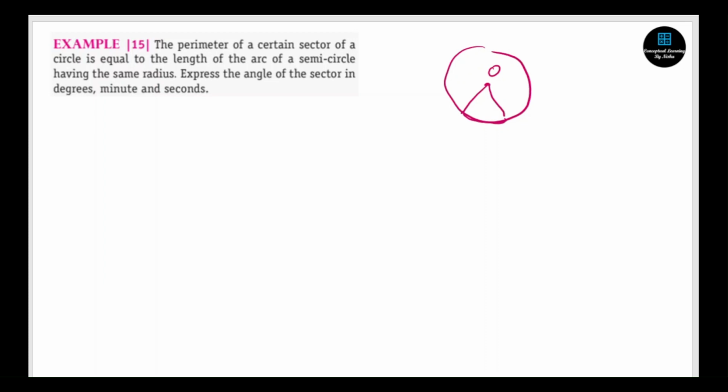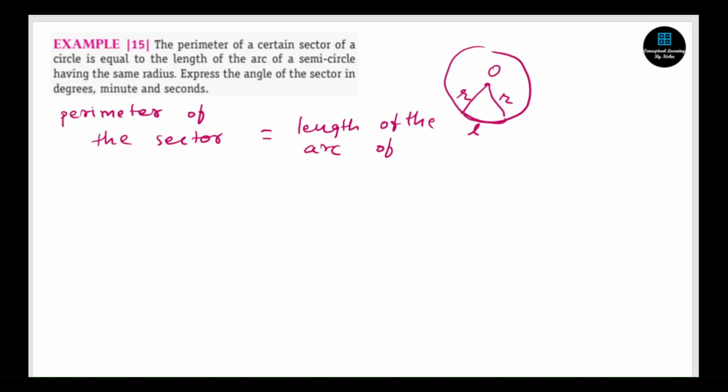If the radius is r, this is r, and this is L. So the perimeter of the sector equals the length of the arc of the semicircle. 2r plus L equals the length of the arc of the semicircle, because it is a half perimeter.